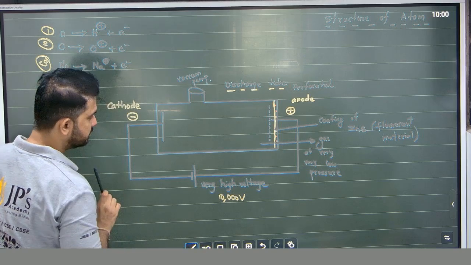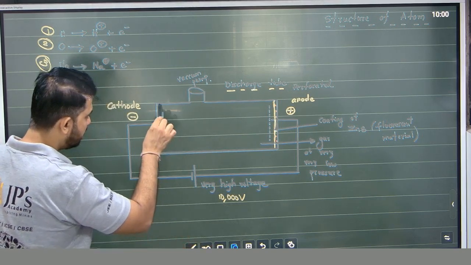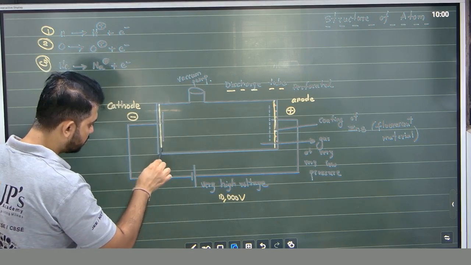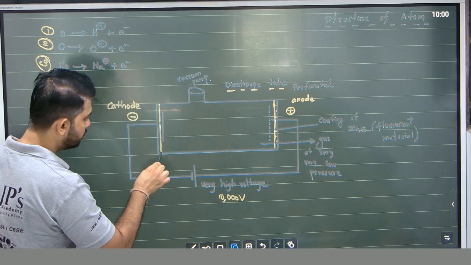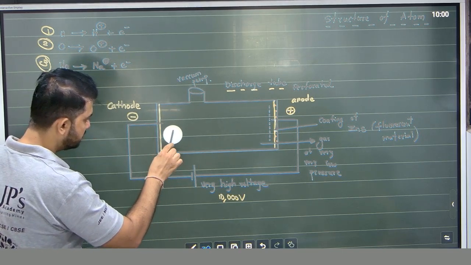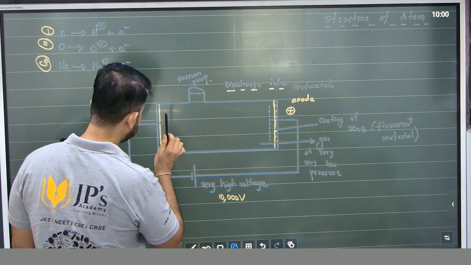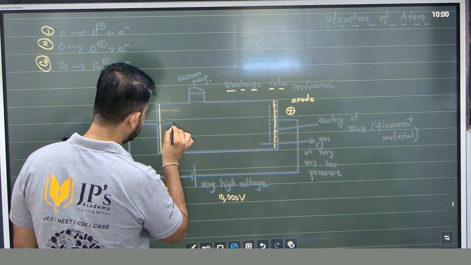What did Goldstein understand? That let's coat behind the cathode with a fluorescent material of ZnS.